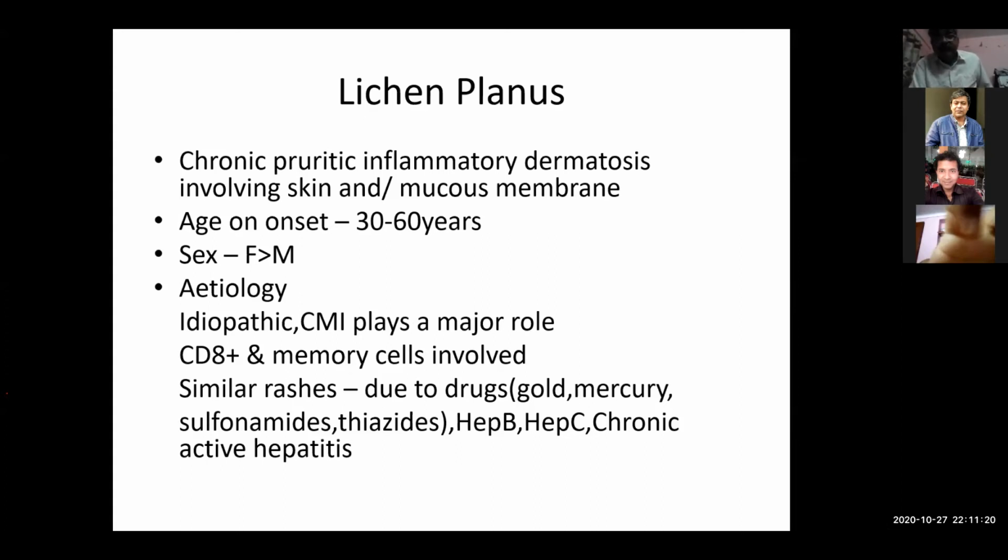Some drugs like gold, mercury, sulfonamides, thiazides can cause a similar type of rash like lichen planus, which we call lichenoid drug reactions. Okay. Hepatitis B, C, chronic active hepatitis, if you are diagnosing a case of lichen planus, you take history whether the patient has hepatitis B, C or chronic active hepatitis.